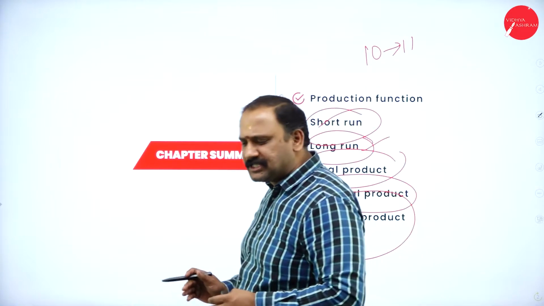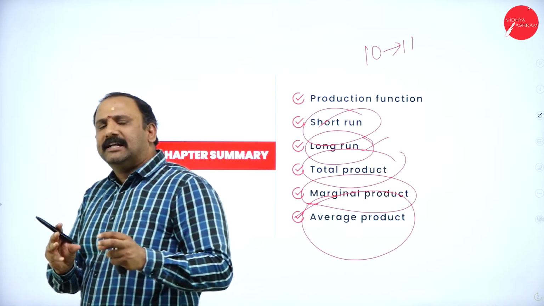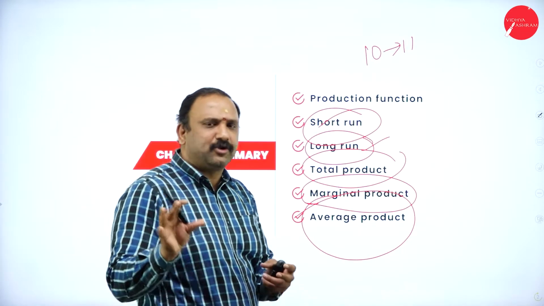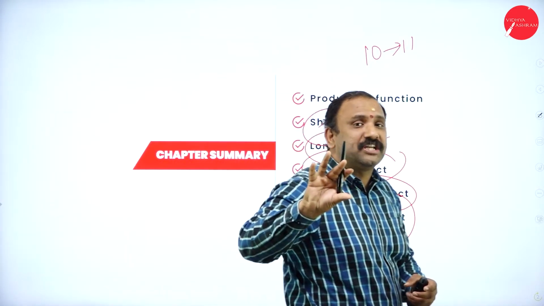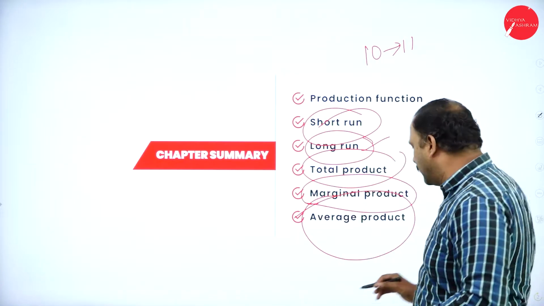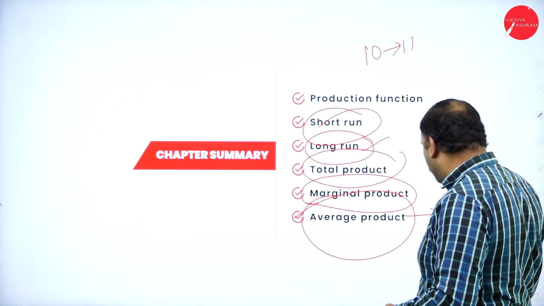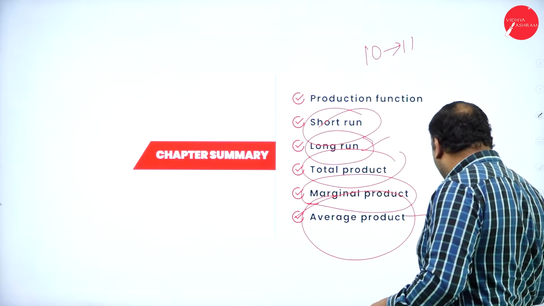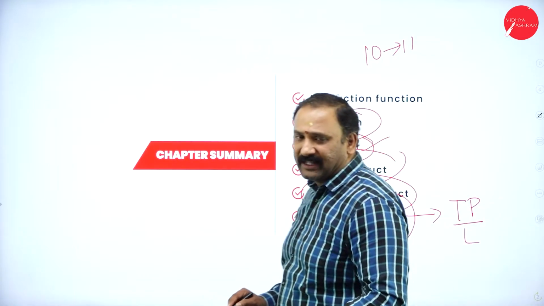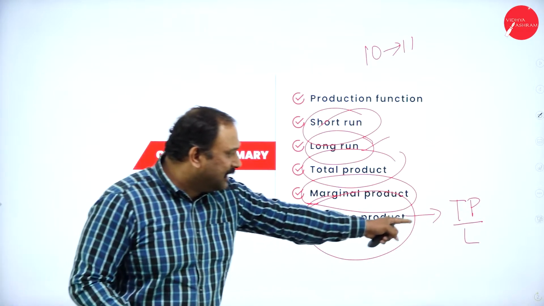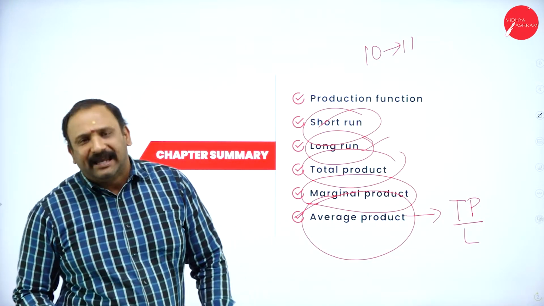The word average itself sounds quite low to us. Why? Because the word average means, okay, it's not there, but it's there. Something which is a low-lying zone altogether. But nevertheless, in economics, average product is total product divided by any one factor, that might be land, labor, or capital. So here I'm looking at TP divided by L, total product divided by the labor factor.